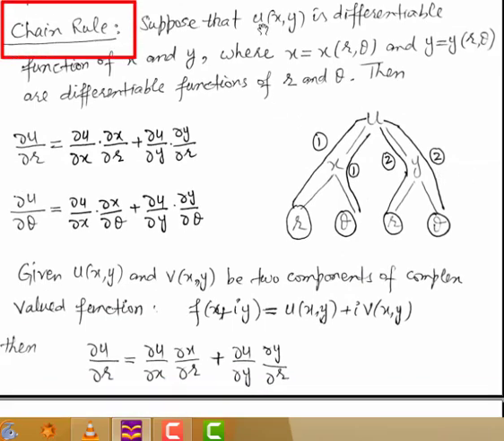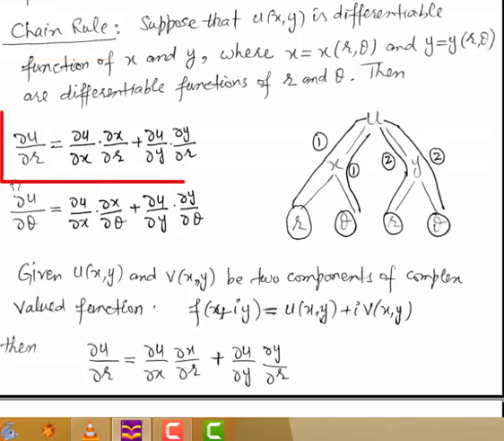Suppose that u(x,y) is a differentiable function of x and y, where x and y are differentiable functions of r and theta. Then we can write partial u by partial r as partial u by partial x into partial x by partial r plus partial u by partial y into partial y by partial r, and this is elaborated as in the tree diagram.